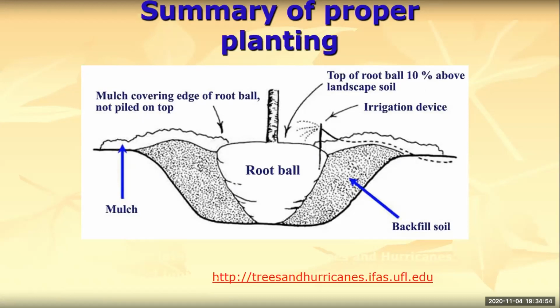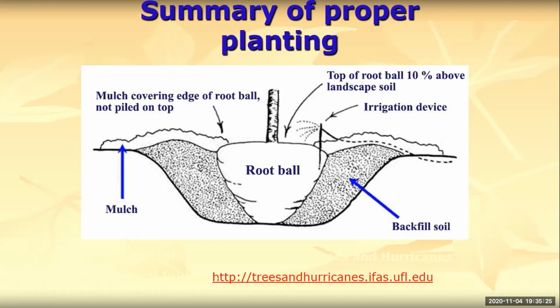No mulch above the root ball. The mulch has to be only at the edge of the root ball, so you need to have some space here. You see my mouse here? So that when you are watering, the water can go directly to the roots. You don't have any mulch here that's going to take the water.